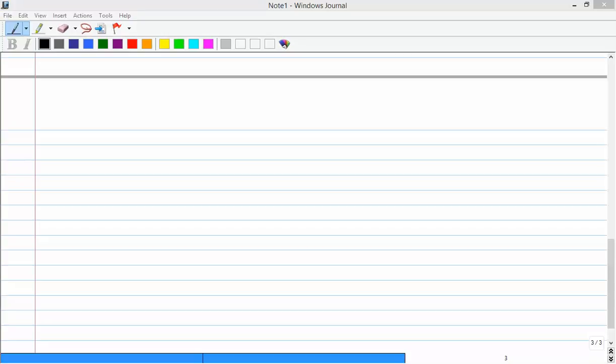Now, within time series data, we do have a couple of different terms that you want to know.